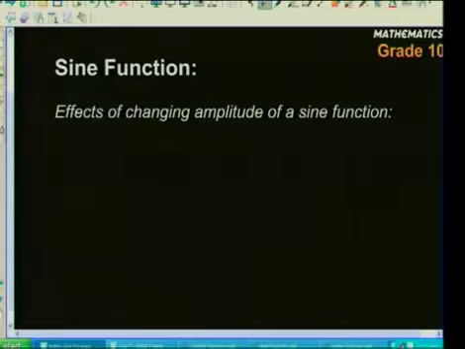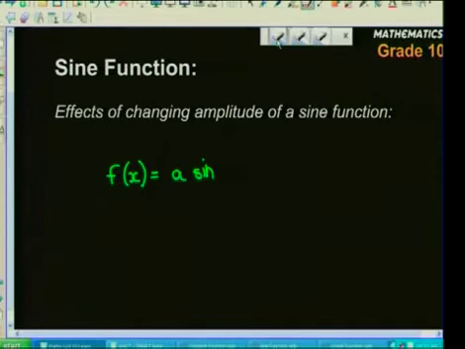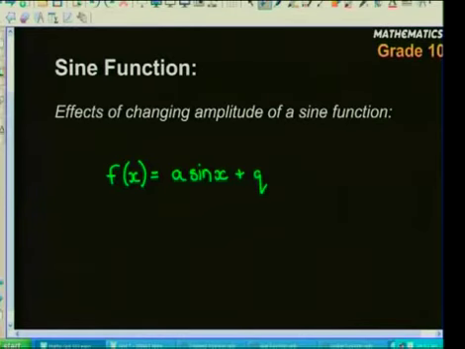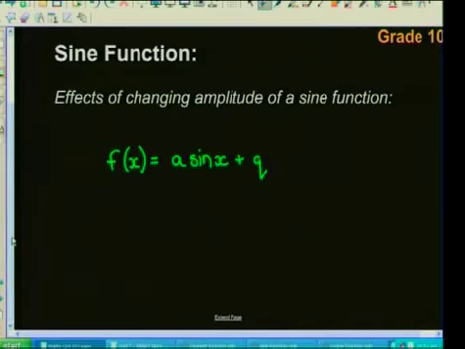I hope you've all said f of x, or you could have y, depending on the notation you're using, but let's get used to using f of x. f of x is equal to a sine x plus q.